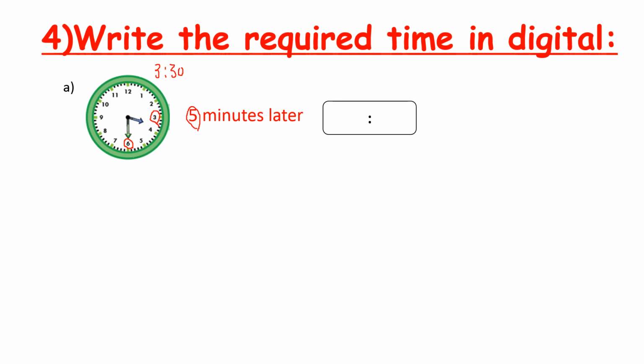So later, so we're going forward 5 minutes with the long hand. So it will be at 7. When it's at 7, it's how many minutes? It's 35 minutes. So the time will be 3:35. Okay, the next.